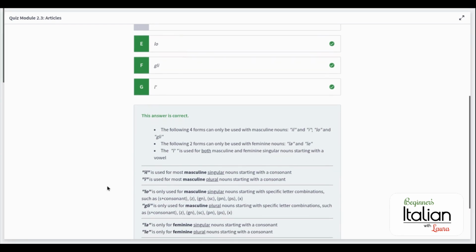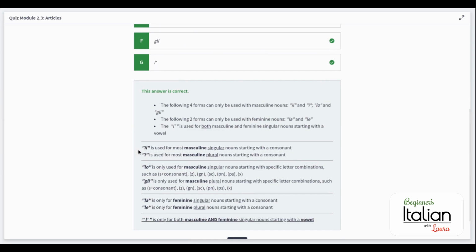Okay, and just to recap here, we have il is used for most masculine singular nouns starting with a consonant. I is used for most masculine plural nouns starting with a consonant.